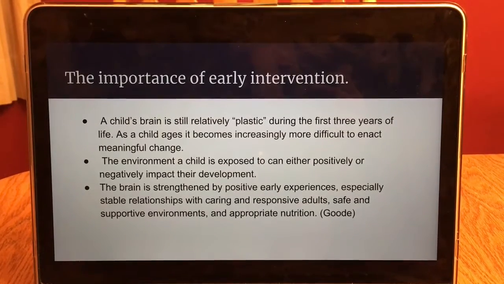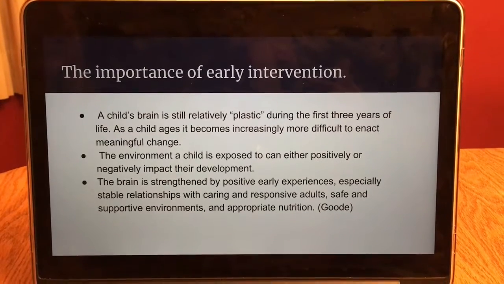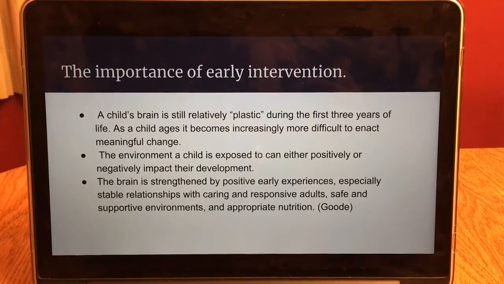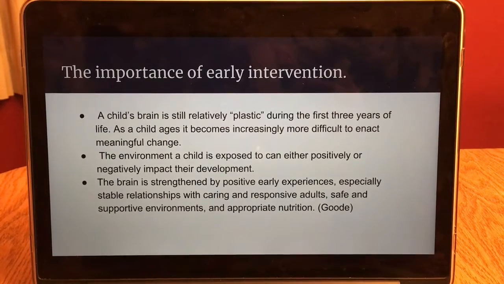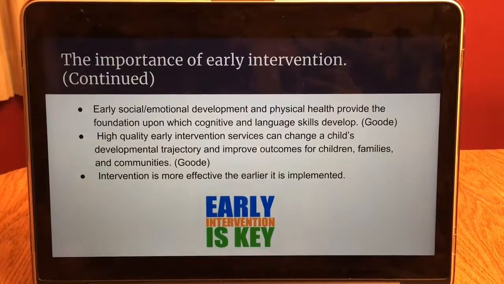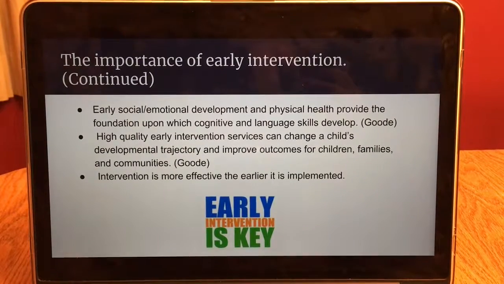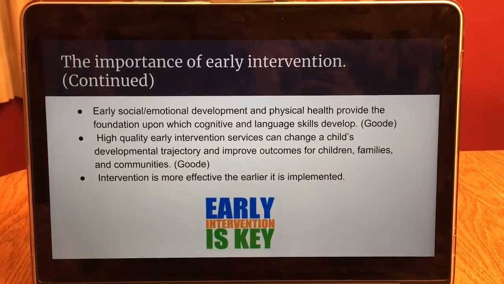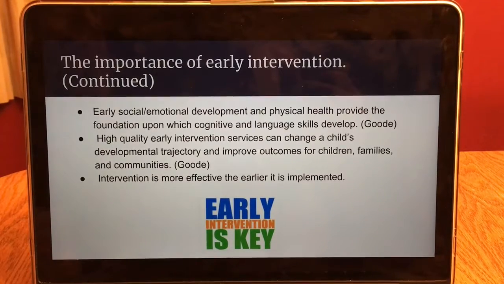A third reason is that the brain is strengthened by positive early experiences, especially stable relationships with caring and responsive adults, safe and supportive environments, and appropriate nutrition. Early social and emotional development and physical health provide the foundation upon which cognitive and language skills develop.